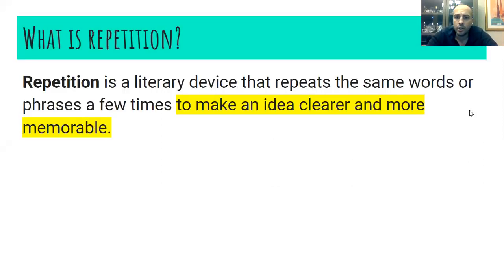So repetition is a literary device that repeats the same words or phrases a few times to make an idea clear or more memorable. Also, to leave impact, right? We talk a lot about this. We talked a little bit about this yesterday in terms of why authors and writers do what they do.